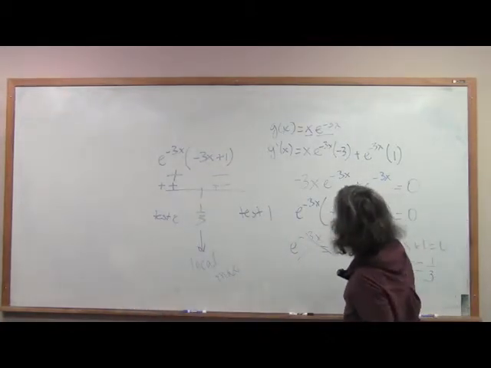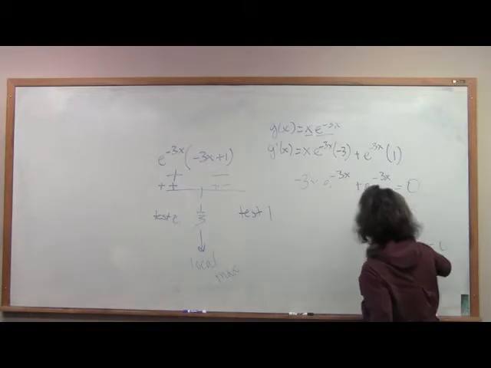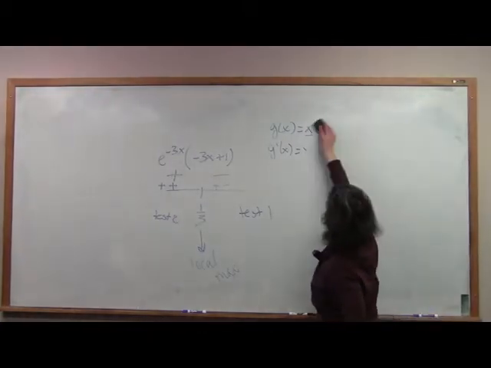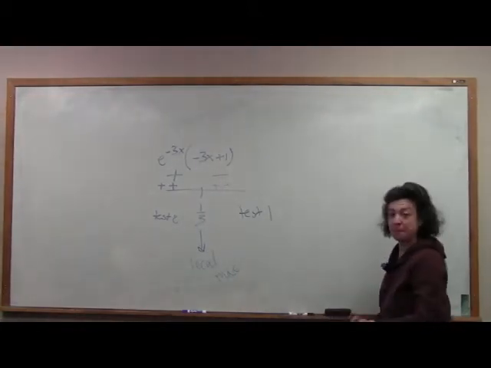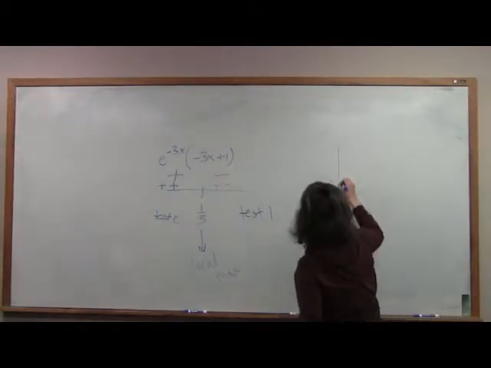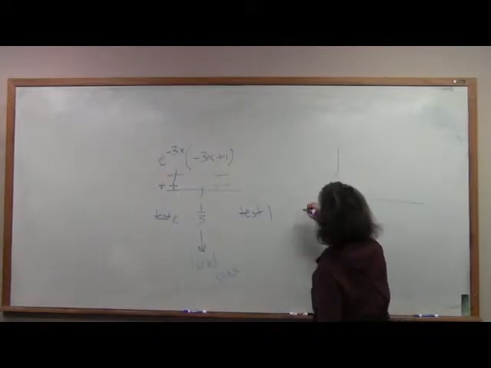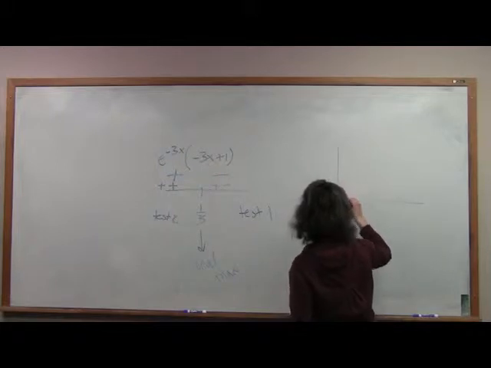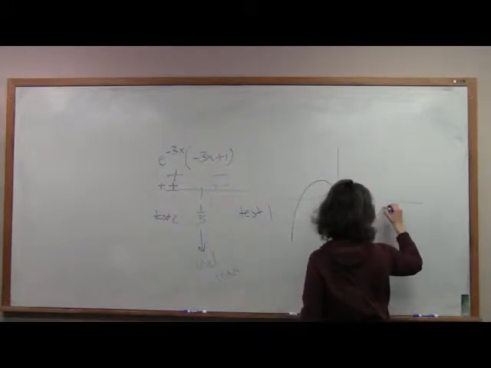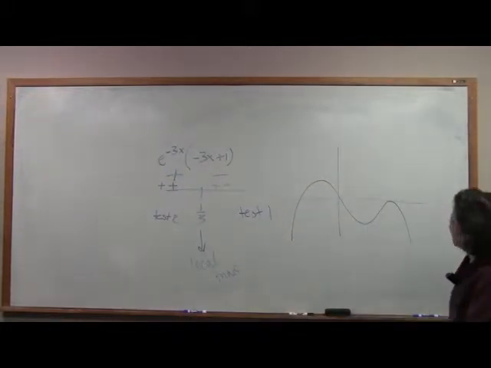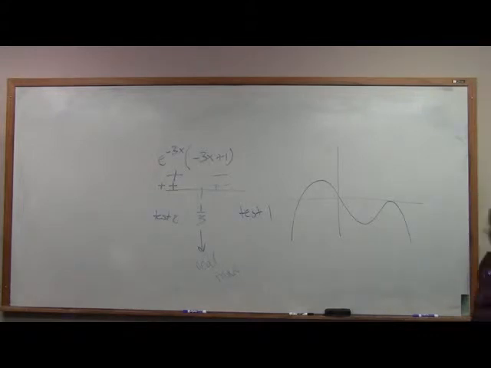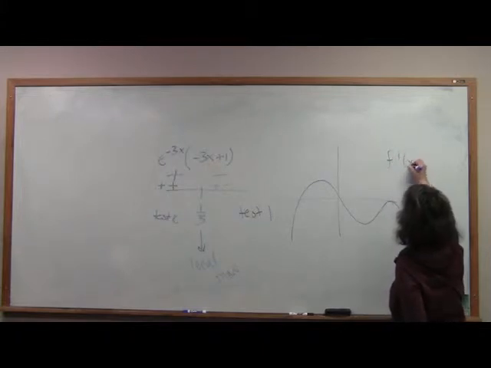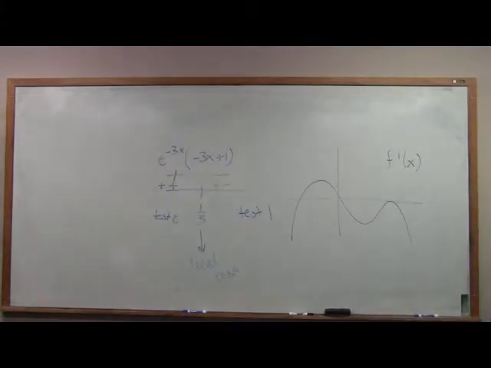All right, so one more example that I want to show you here kind of has you think in a little bit different of a direction. Okay? So, what I'm going to do right now is show you this graph. But I'm going to tell you that this is the graph of f prime of x.